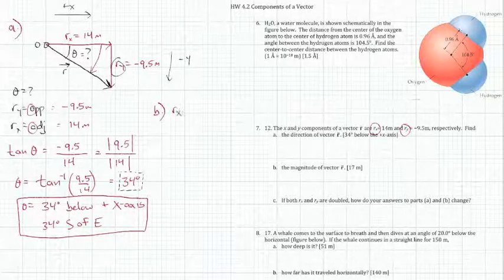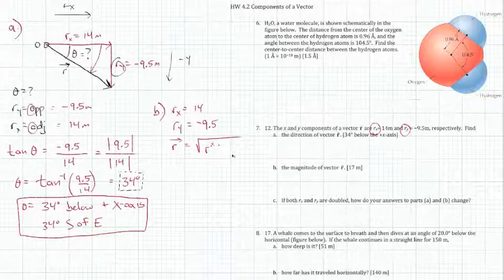If Rx equals 14 and Ry equals negative 9.5, then R, being the hypotenuse, should be the square root of Rx squared plus Ry squared. And you might be asking, well, where did that come from?